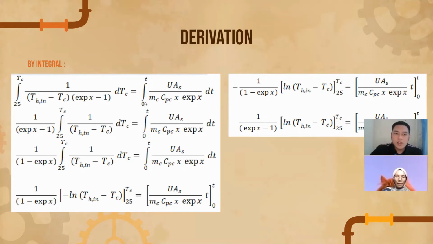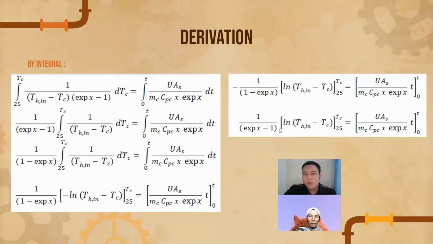We solve it as a normal integration until we get 1 over exponent X minus 1 times the log of TH in minus TC in bracket, TC over 35, equals UAS over MC CPC times X exponent X times t, in bracket t and 0.